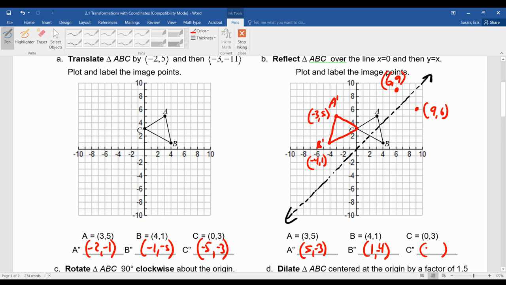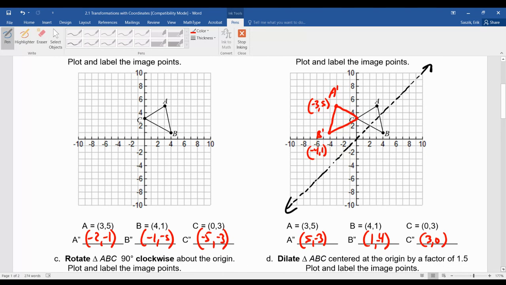So this would be 3, 0, the positive x-axis. So the bottom line is, when you reflect over y equals x or y equals negative x for that matter, the x and y values will flip-flop, but you just have to give a little bit of thought as to where you're landing and adjust the signs accordingly. Okay?